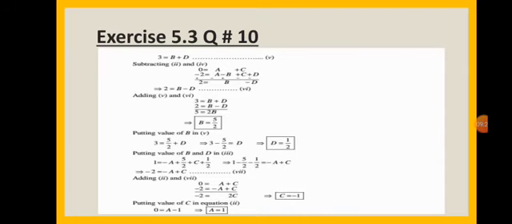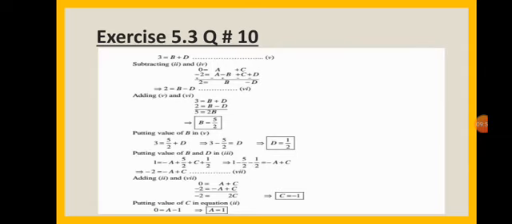Now we have two equations. 3 is equal to b plus d and 2 is equal to b minus d. D will be cancelled out by d, and we have 2b is equal to 5. So in this way we have calculated the value of b, that is 5 over 2.